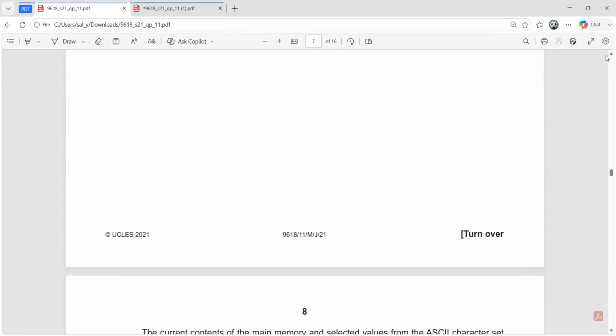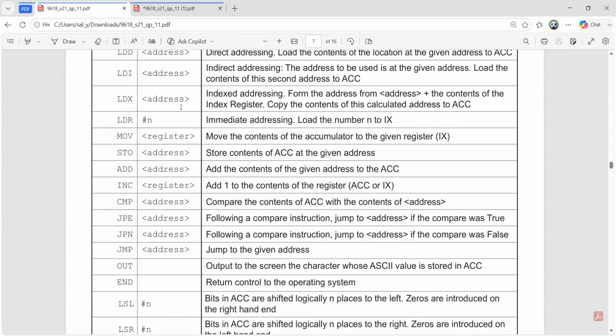LDX means it will be index addressing. Form the address from address plus the contents of the index register. Copy the contents of this calculated address to ACC.